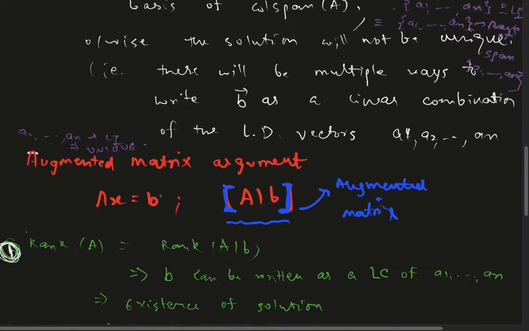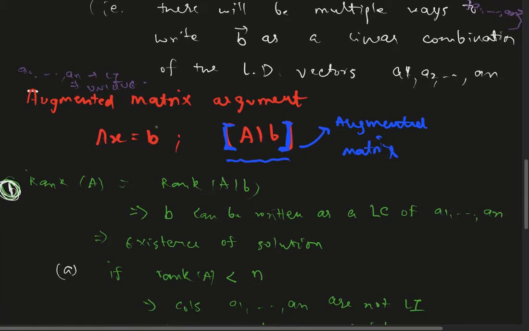Now, equivalently arguing from the side of the augmented matrix, we can also make some formulae. Consider the augmented matrix of the form [A B], where the matrix A would be written in this form and B would be written in this form.